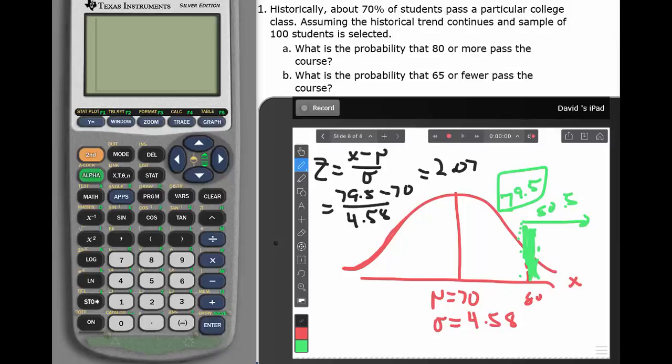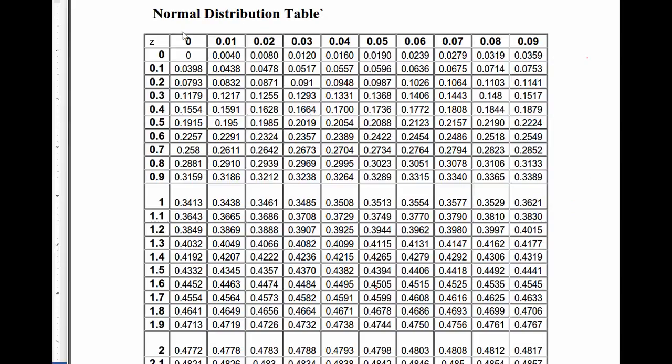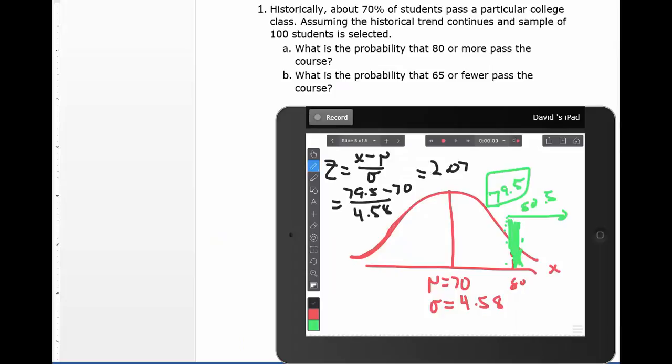And so if we look that up in a z table, we go down to 2.07 and you should be able to see 4812 right there. So the area out here beyond the 79.5 is 0.5 minus 0.4812, or 0.0188. So just under a 2% chance that we'll have 80 or more people pass that class.